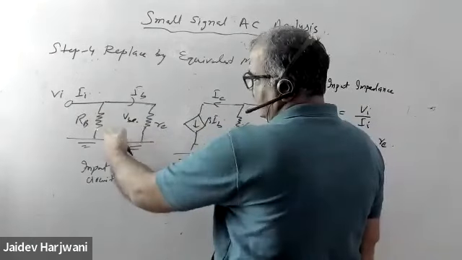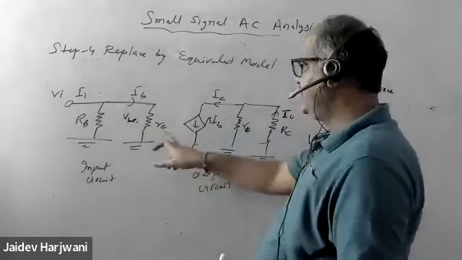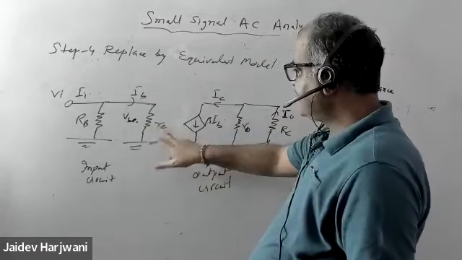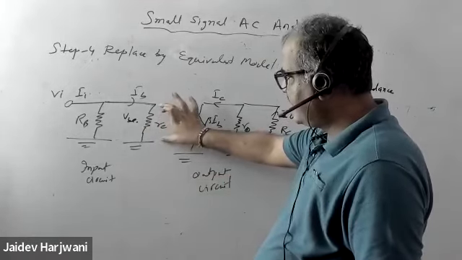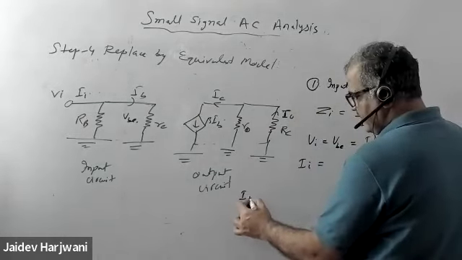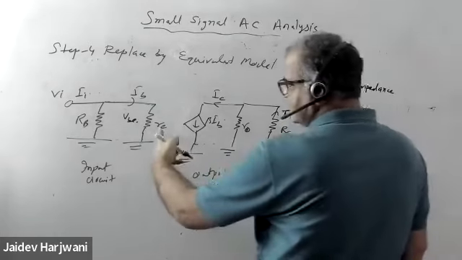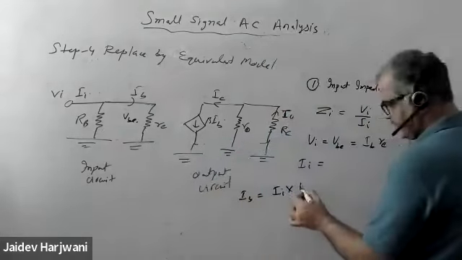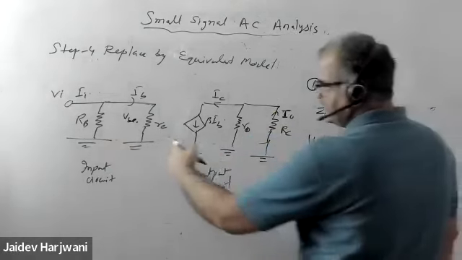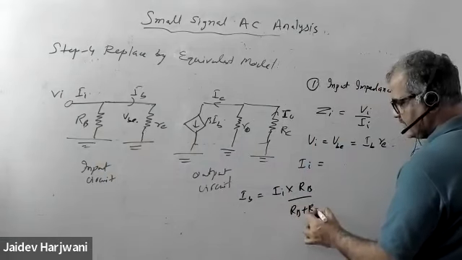So I can use the current division technique. Suppose I want to know the current here in RE. So how do I write IB? IB will be total current IE, and if I want the current in this resistance, I have to take this resistance RB, and take total resistance RB plus RE. Can I write IB like this?